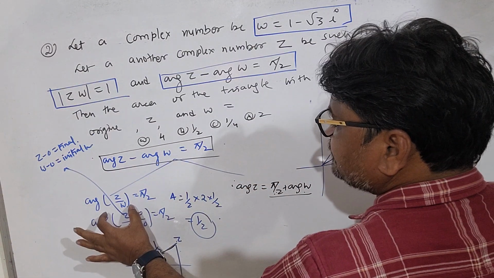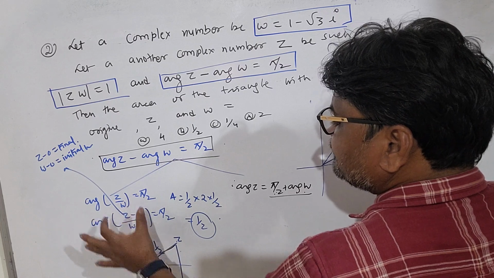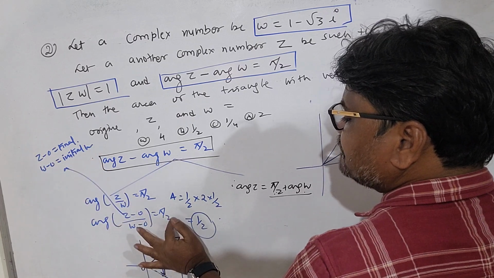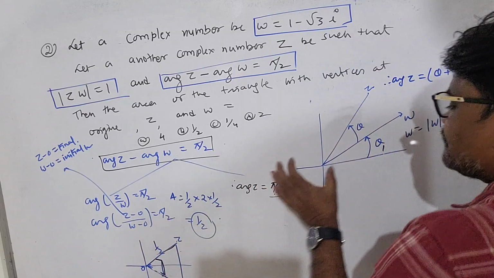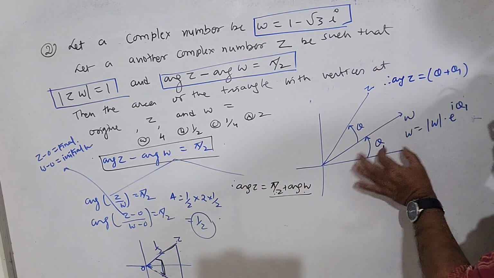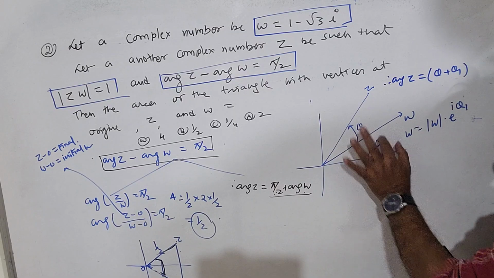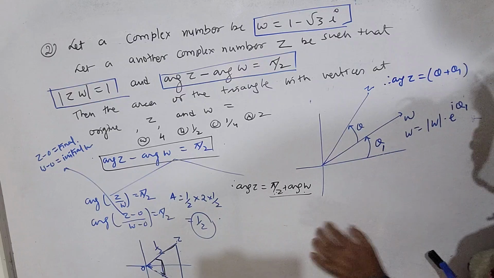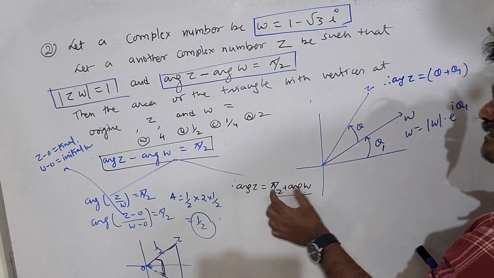I have used first the properties of argument, then I have used the concept of final vector and initial vector and angle between them, the rotation concept. Basically the rotation theorem says that if w, whose argument is theta 1, is rotated anti-clockwise through theta, the argument of z is theta plus theta 1.